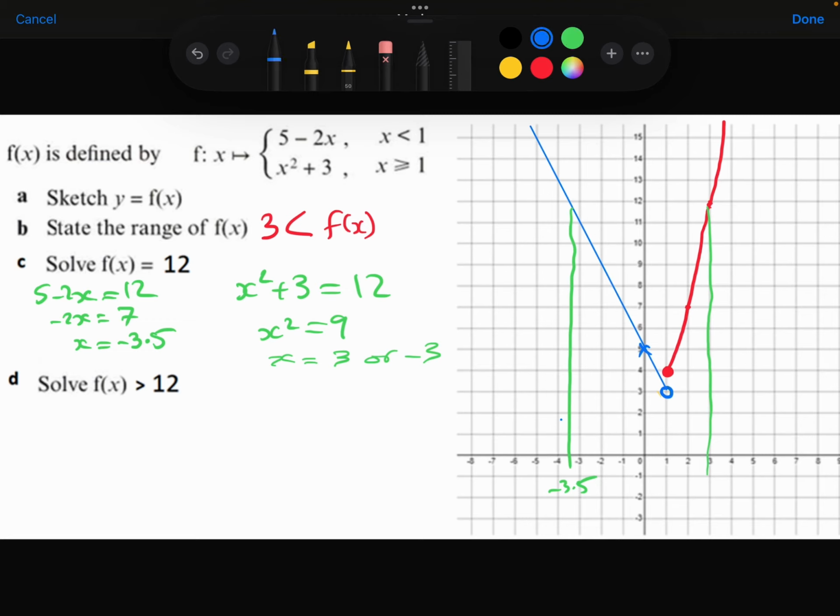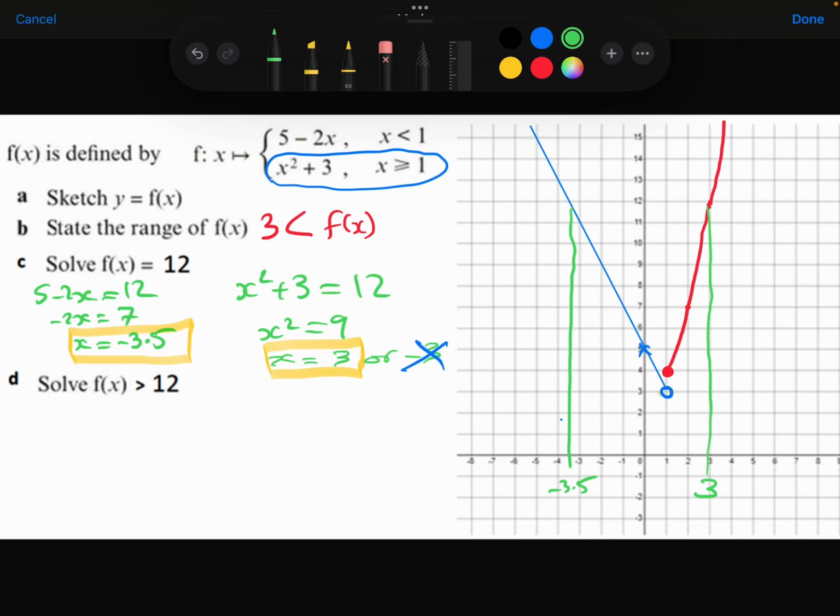But I am going to ignore the minus 3 because I know that in this case my quadratic is only defined for values of x greater than 1. It's not defined for when x is minus 3. If x was minus 3, I would be using the straight line, not the quadratic. So I'm going to ignore the minus 3 solution, and therefore the only two solutions are 3 and minus 3.5. Those are the two values of x where f of x is equal to 12.